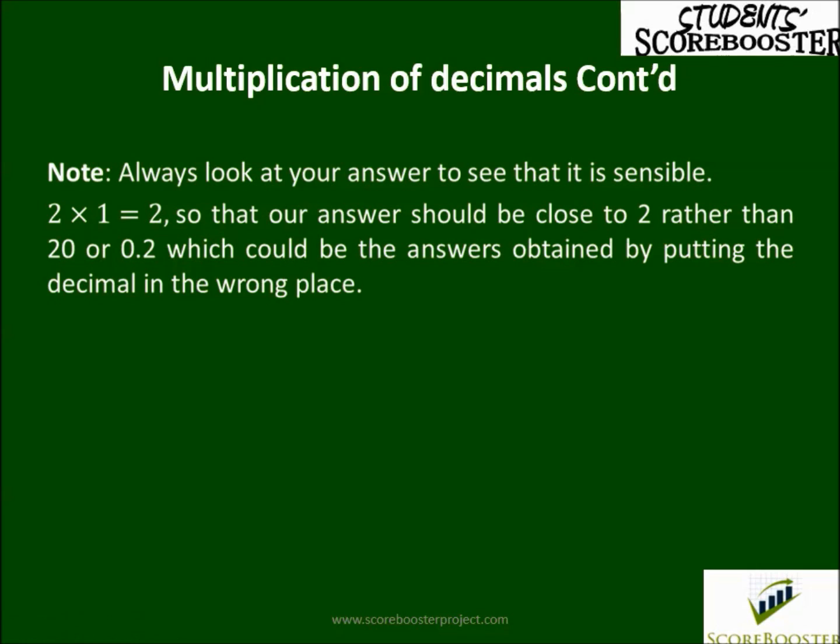Anytime you perform multiplication on decimals, you need to examine the answer and see whether it is sensible. You can multiply the numbers that are very close, just as we've done here, to confirm by looking at your answer whether it's right or wrong.